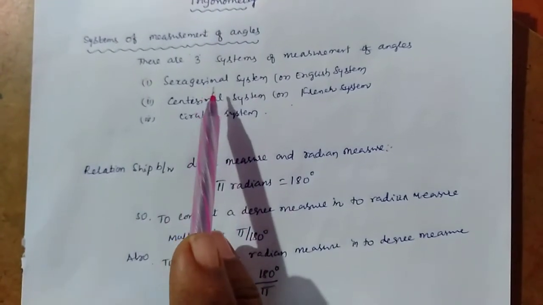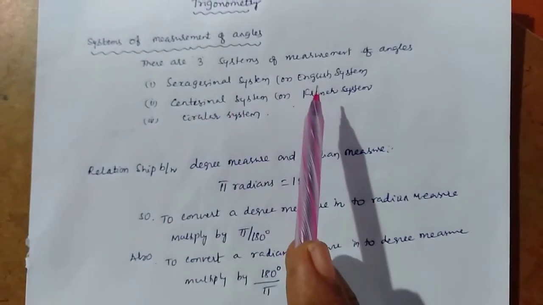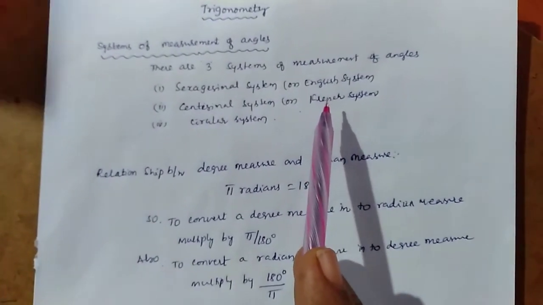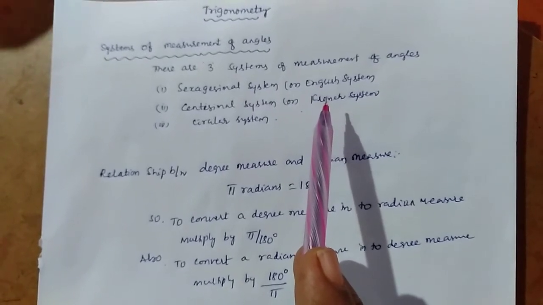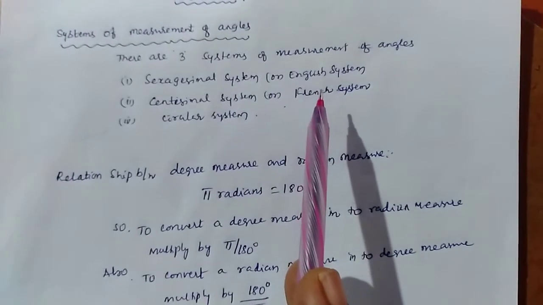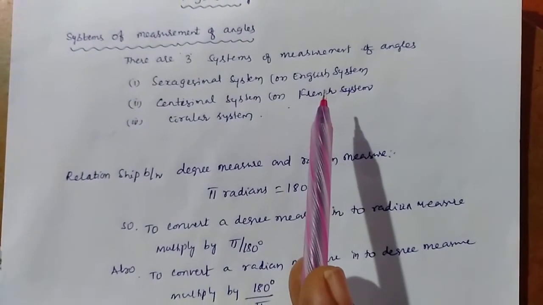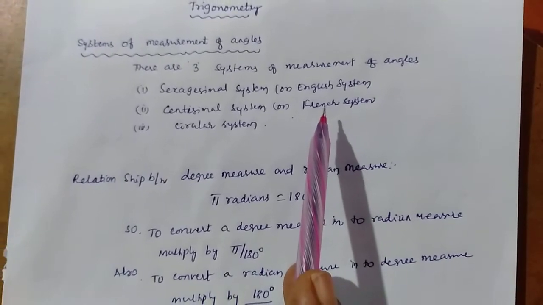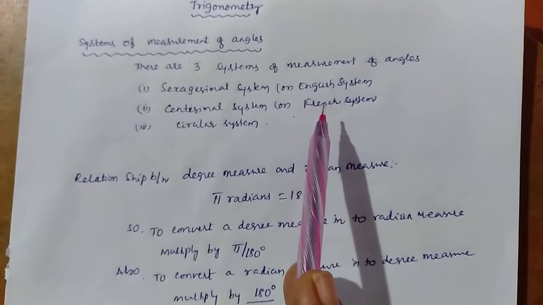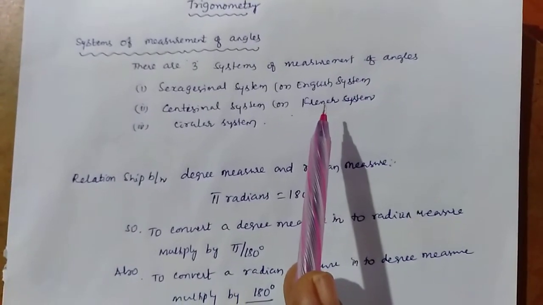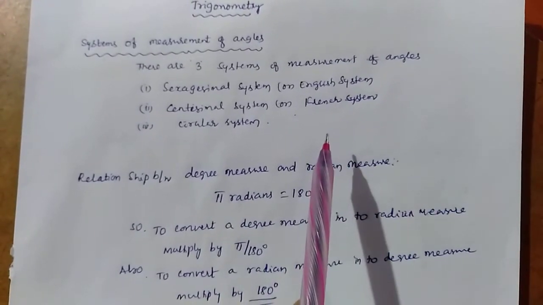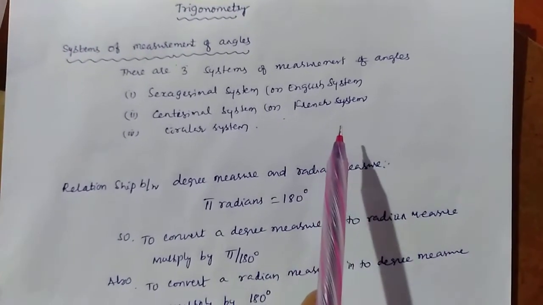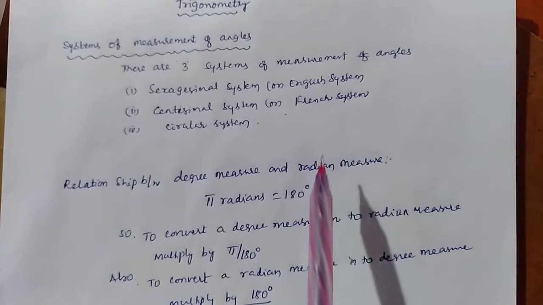In the sexagesimal system, the right angle is divided into 90 equal parts called degrees, and each degree can be divided into 60 equal parts called minutes, and each minute can be divided into 60 equal parts called seconds.